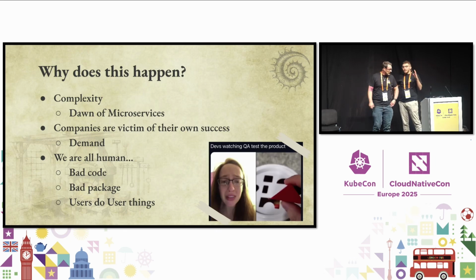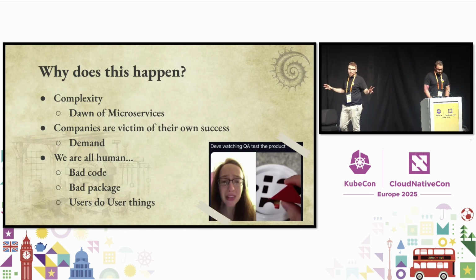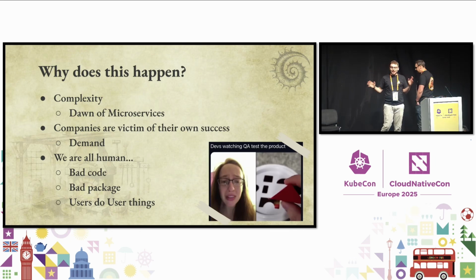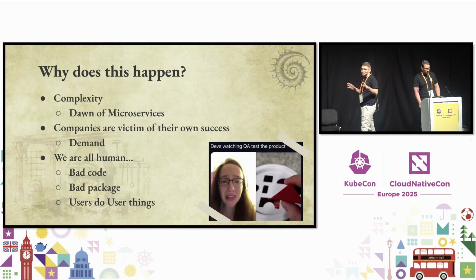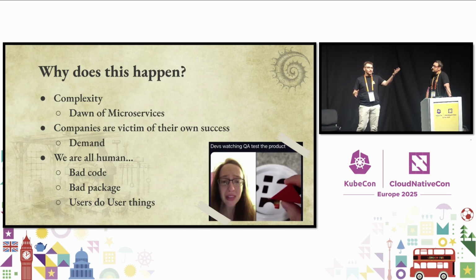So there are plenty of reasons why this happens, but I've boiled it down to 3 main reasons. First is complexity. Let's think about the dawn of microservices. It's why we are all here at KubeCon. We're all here for Kubernetes, we're all here for microservices, and so forth. You could imagine we used to run monolithic applications.